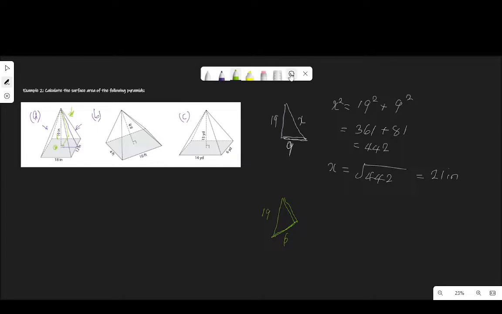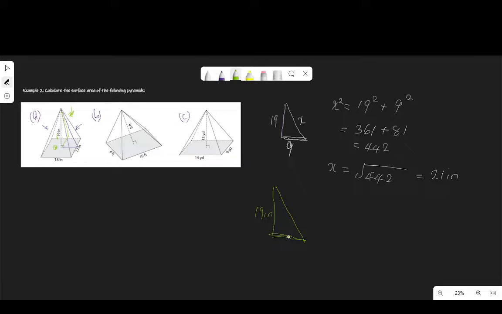The way I drew this in, to avoid confusion, let me extend this a little. Let me remove this and redraw it. I have 19 inches as the vertical height of the triangle.